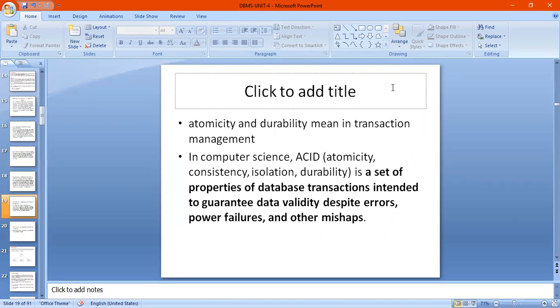Atomicity and durability in a transaction. In computer science, ACID, that is atomicity, consistency, isolation, durability, is a set of properties of database transactions intended to guarantee data validity despite errors, power failures, and other mishaps.